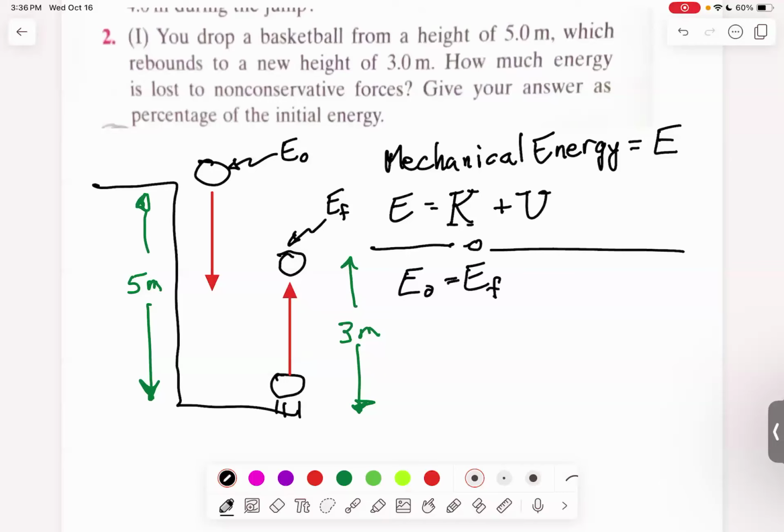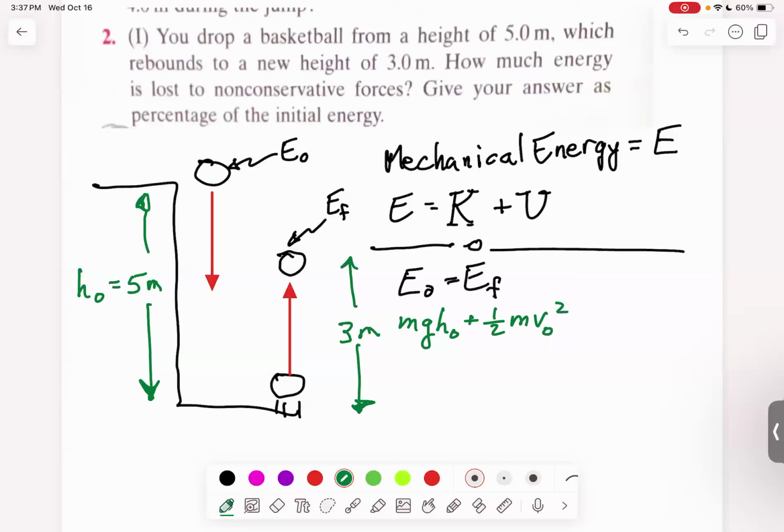Okay, so let's write down what the energy is at the top position. E naught, our initial energy, is going to equal the gravitational potential energy, mg h naught, where h naught is our initial height. And for mechanical energy by definition, we also have kinetic energy, 1/2 m v naught squared.